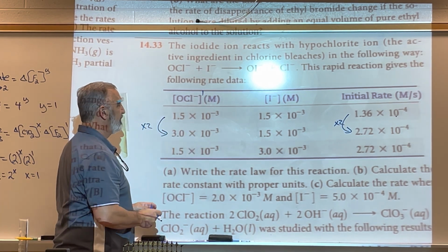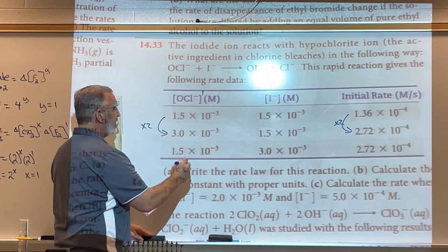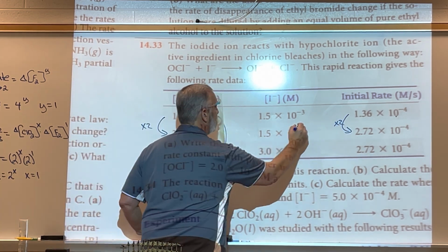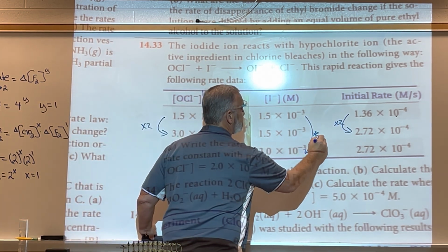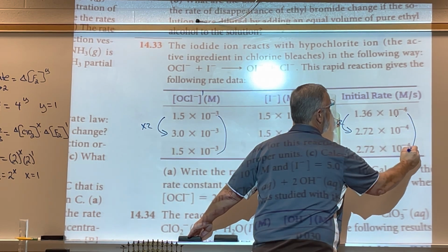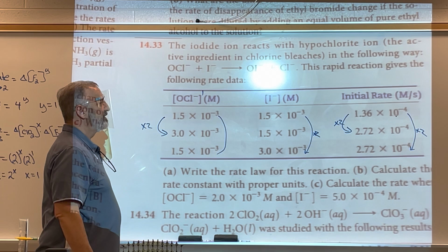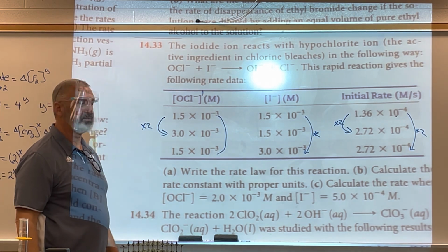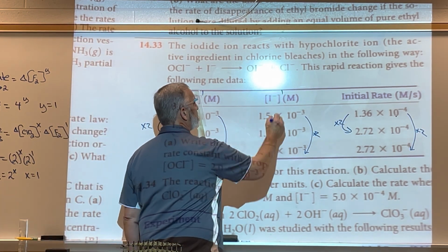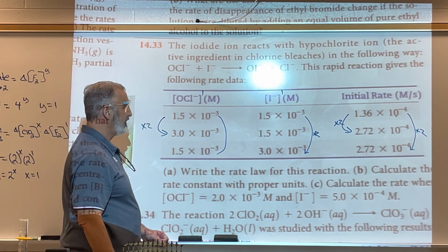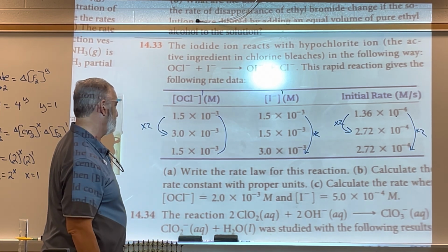It's a 1. So now, I keep these two, so now I'm gonna compare here, this is times 2, and that's times 2, right? So what's my exponent? 1. I was kinda hoping that it wasn't gonna be that, but.